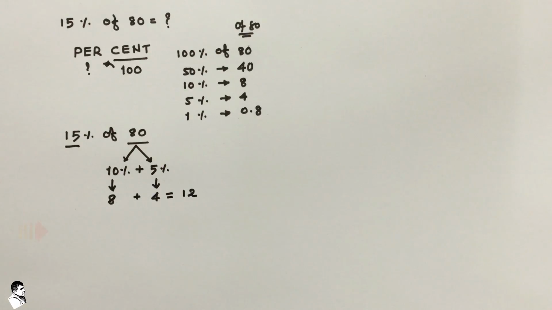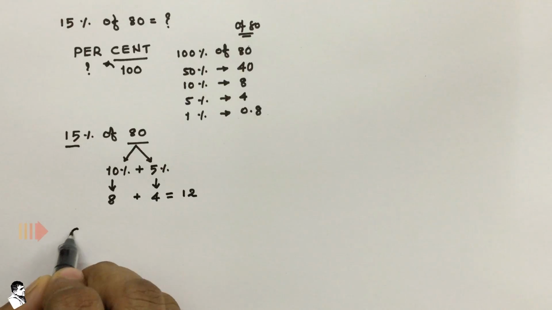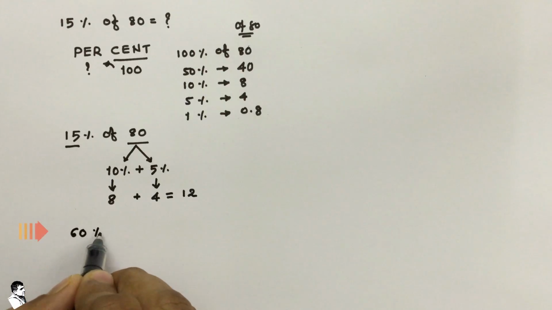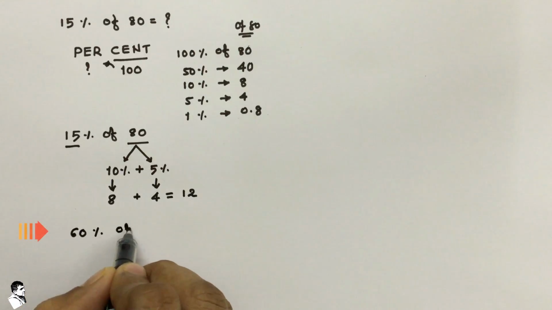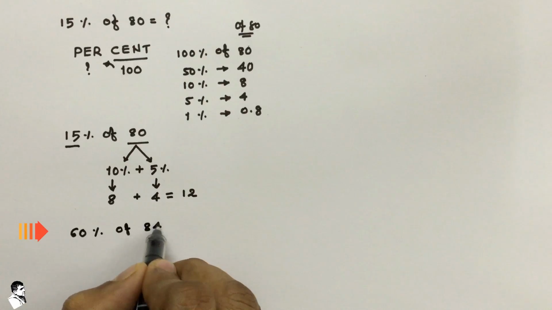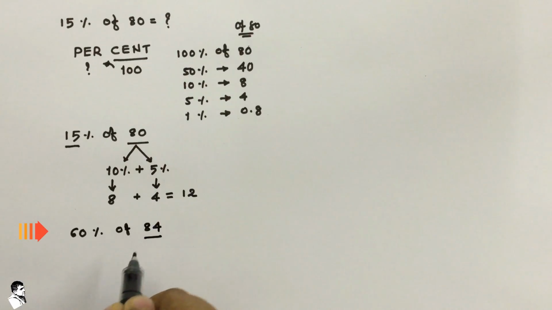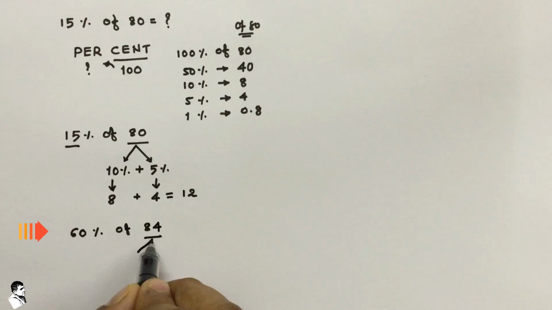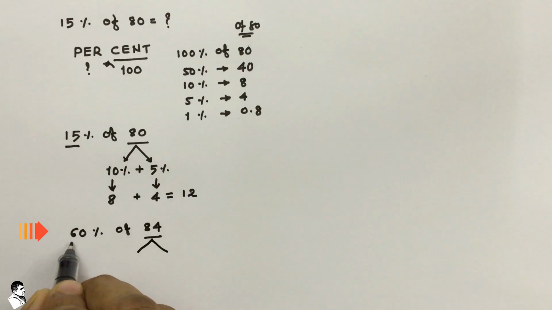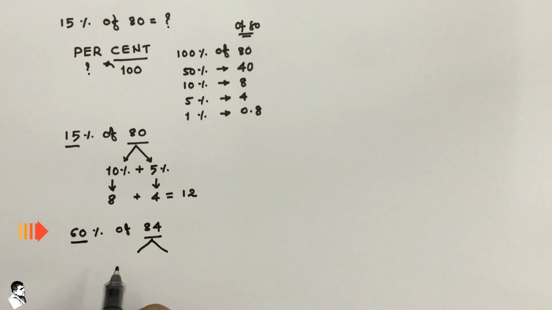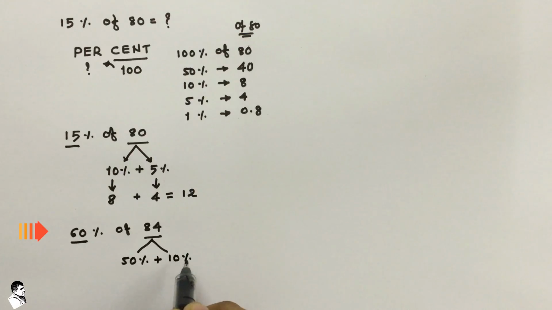Let us take another example, that is 60% of 84. So here again you can divide it into two parts, and the easiest parts of 60 are 50% plus 10%.